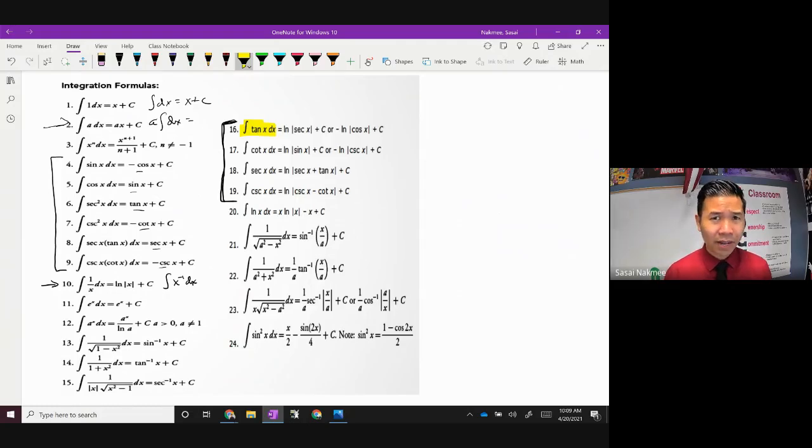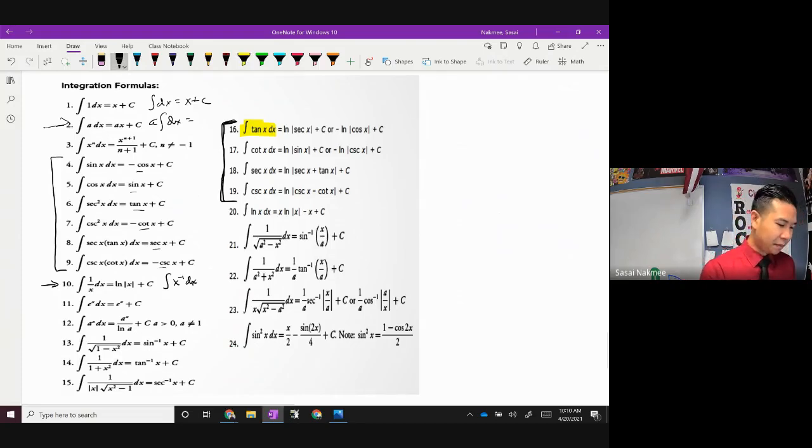You can just use that fact. I don't know if it's going to show up on your AP exam or not. So you can make a flashcard to include it, but it's not that big of a deal if you don't know it.